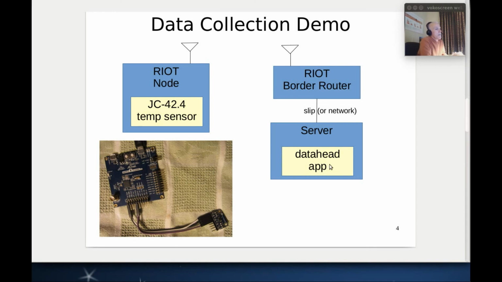There's a separate Python application that I created that runs the server side of things, and then in between there is a RIOT border router that's acting as the go-between between the wireless network and the wired network. Here in the picture you can see the RIOT node, which is just a SAMR21 Xplained Pro dev board, and it has a temperature sensor hooked up to it, and it uses the SAUL API for collecting the sensor readings.